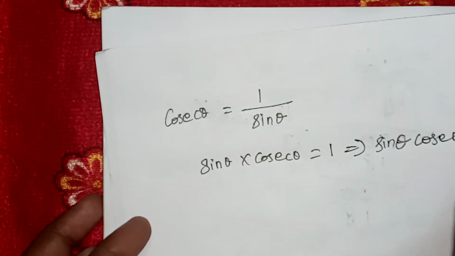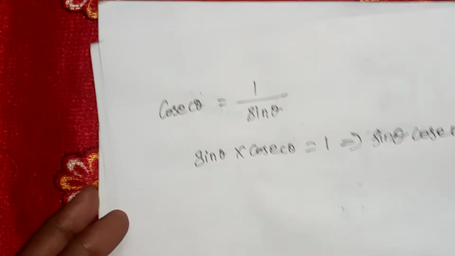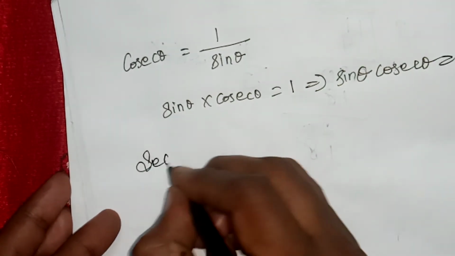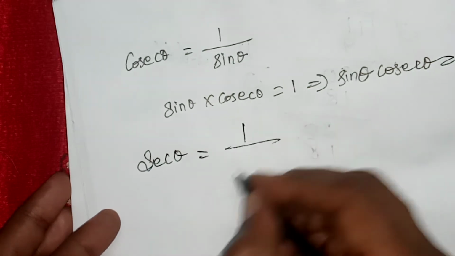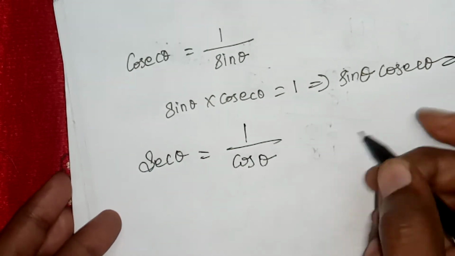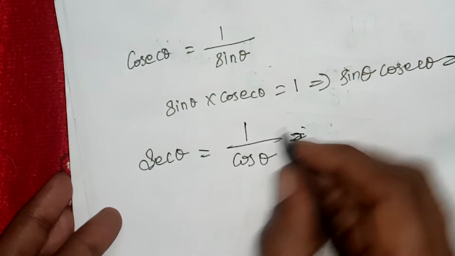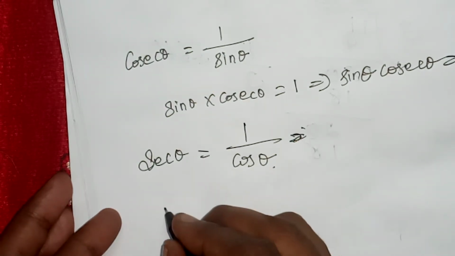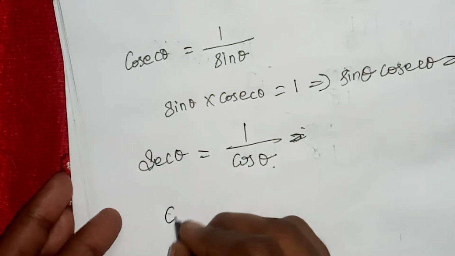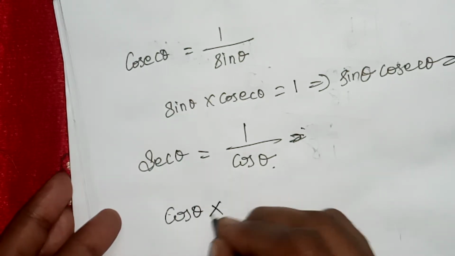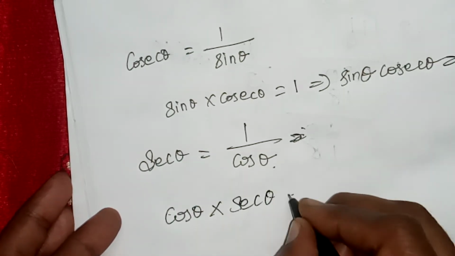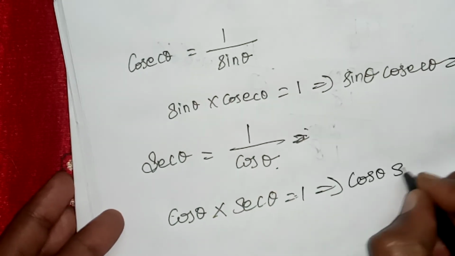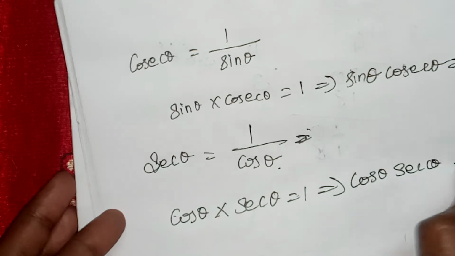Clear? Next, secant theta is the reciprocal of cos theta, so cos theta into secant theta is equal to 1.